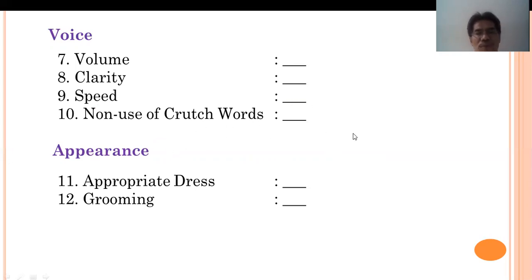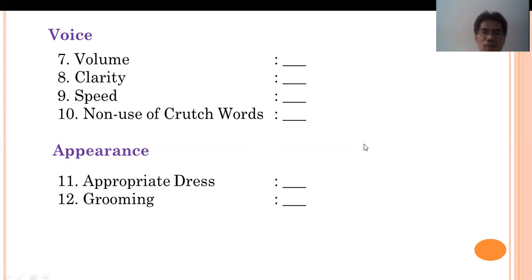Non-use of crutch words. For example, they always say, what is it? These are crutch words. When you are walking, for example, you need a crutch to walk because you cannot walk very smoothly. The same thing applies when you are talking to the audience.